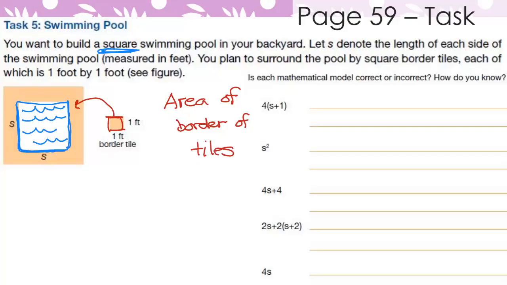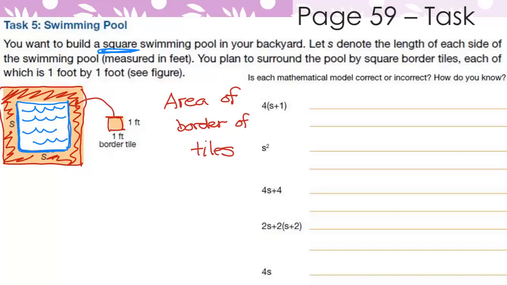Take 2 minutes, I've got to watch my time, and see if you can figure out if any of these are going to be correct in finding the area of this tile. We're trying to find the area of this tile right here. Okay? Talk to somebody next to you.